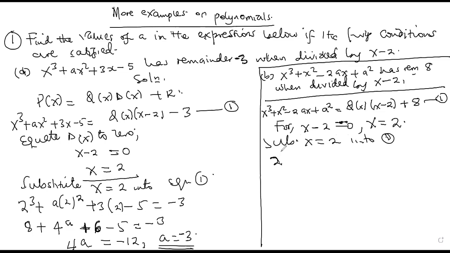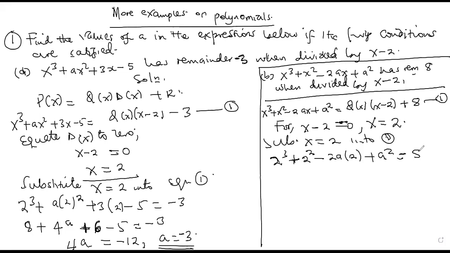And when that is done, it means that you will have 2 cubed plus 2 squared minus 2a into 2, then plus s squared. That one will give you x minus 2, that is 0. The whole of this one will be 0 because x is 2.